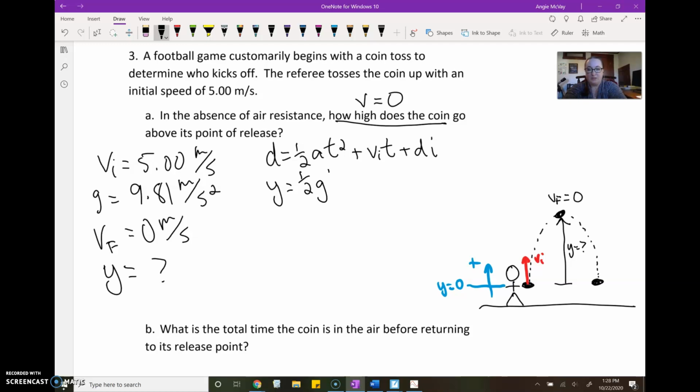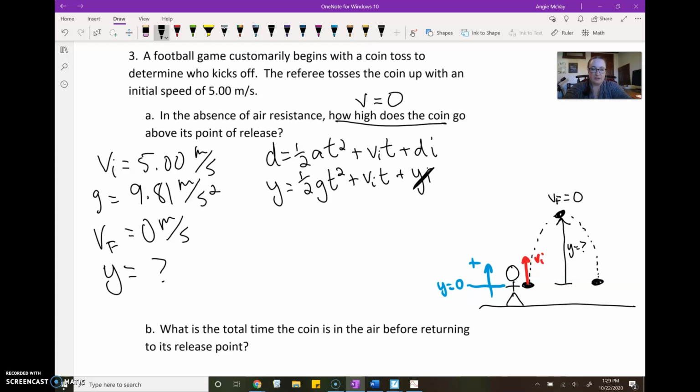So vertical displacement equals 1/2 g t squared plus v initial t plus y initial. Now here, the initial height is how far the object we're considering is from where we've defined our zero position to be. And our coin is starting at where we've defined zero position. So this is going away.